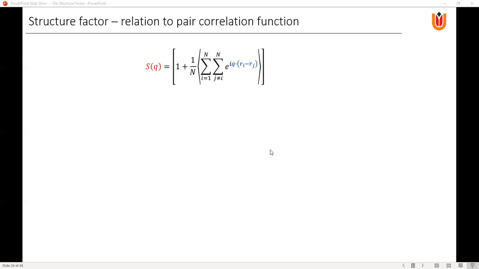But in the end, the limits will be observed. So in the end, it will decrease. For larger distances, it will decrease again a little bit, and then fall into that limit.